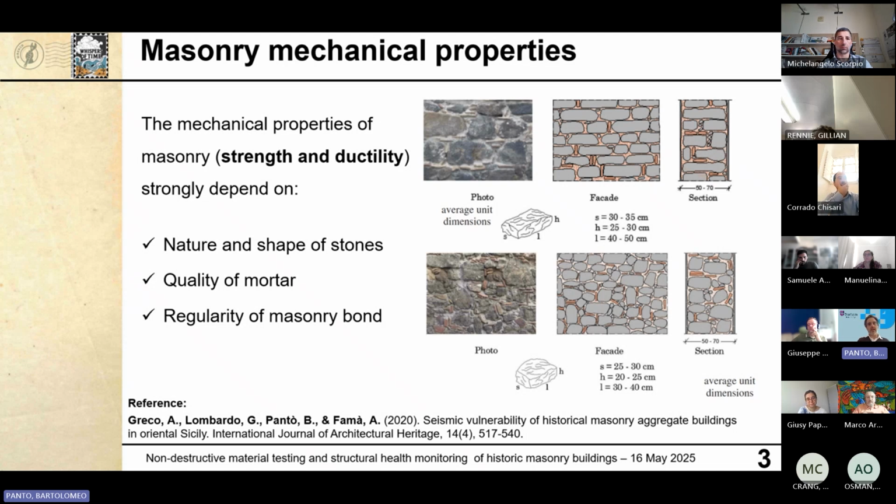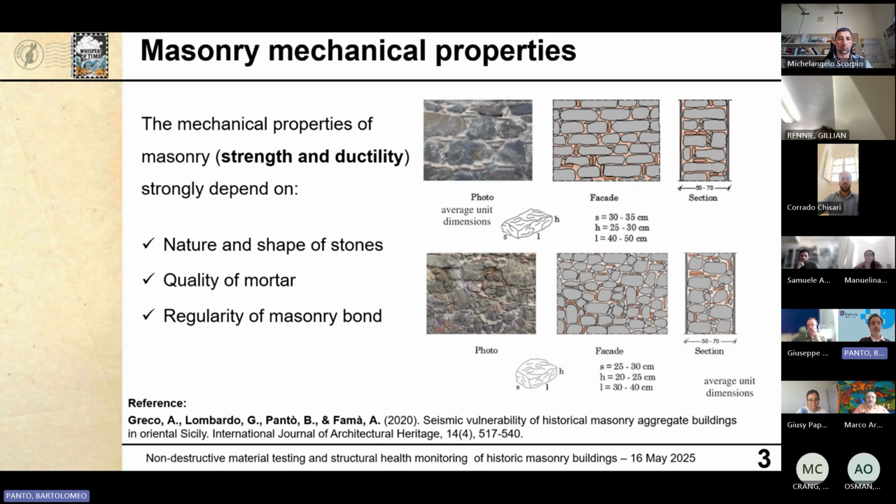One is the stones, most likely stones when we speak about historic structures, and clay bricks in more modern buildings.